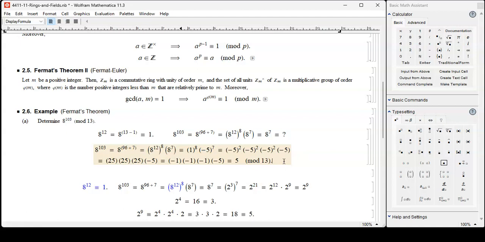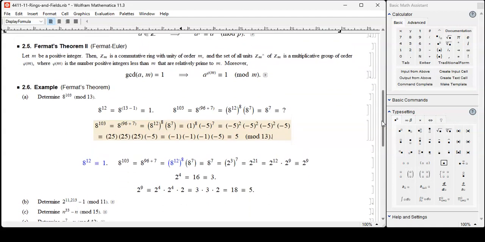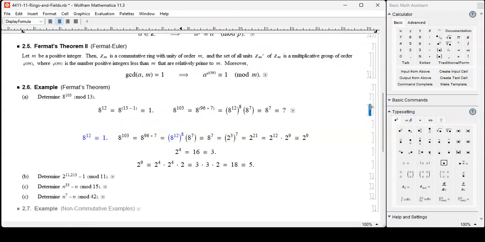And negative 5 squared is 25. And 25 is negative 1 modulo 13, because 26 is divisible by 13. So reduce all those, and we got 5 like that. And that works too. Or you could do it this way. There can be many other ways.